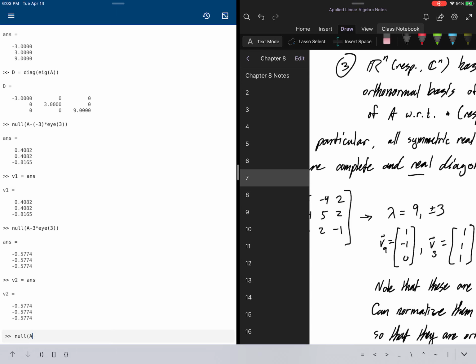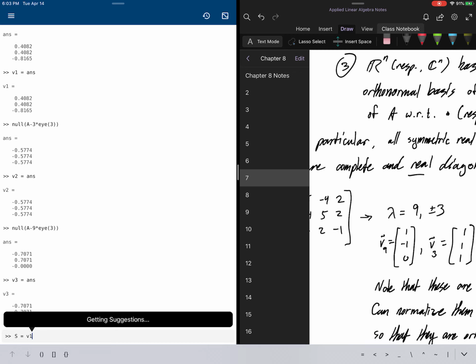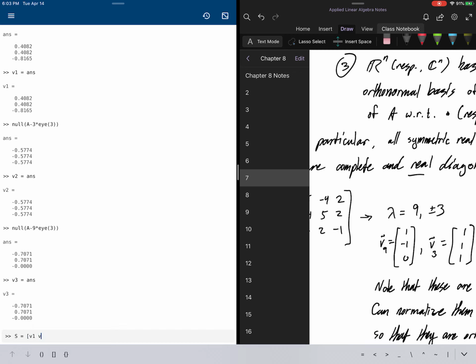And then we'll do null of, okay, so the last eigenvalue is lambda equals 9. So this is A minus 9 times the 3 by 3 identity matrix. Booyah. So there's V3. Excellent. So I can go ahead and say that this matrix S is equal to [V1, V2, V3]. So I can go ahead and construct that guy no problem.